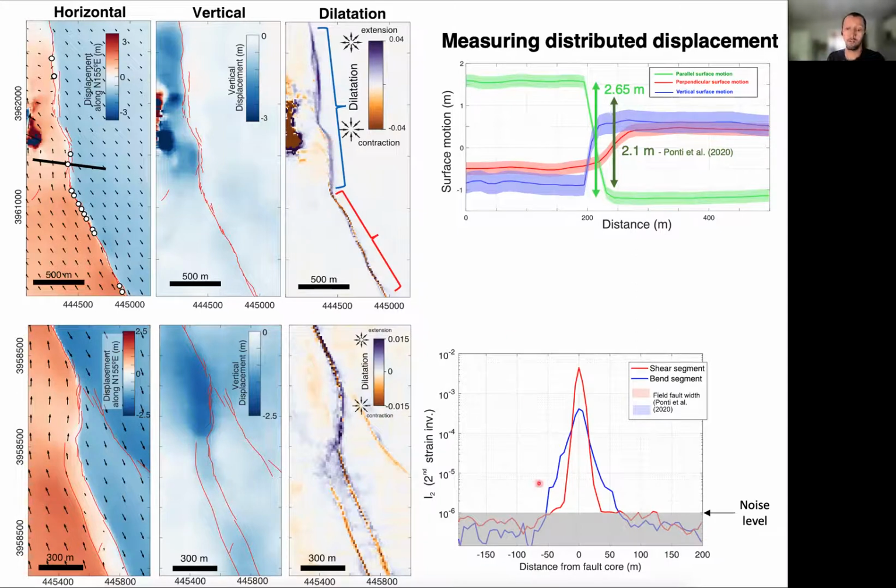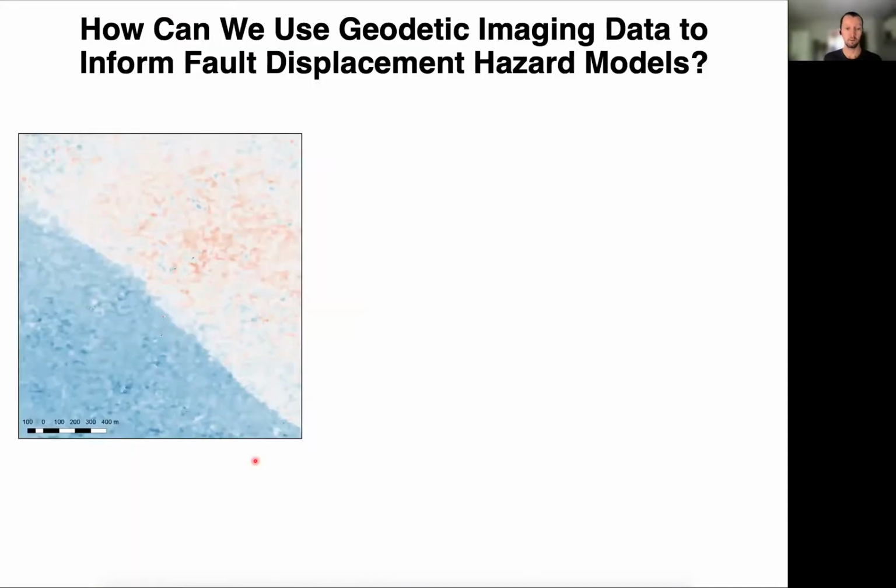If you compare the average strain profiles for these two segments, you can see that this red shear segment has a very high strain, localized fault zone, with very rapid attenuation of strain, whereas in this transtensional bend you have a lower, slower attenuation of strain away from the primary fault.